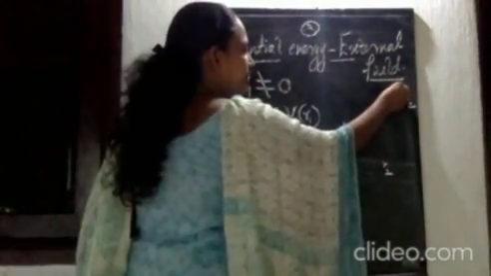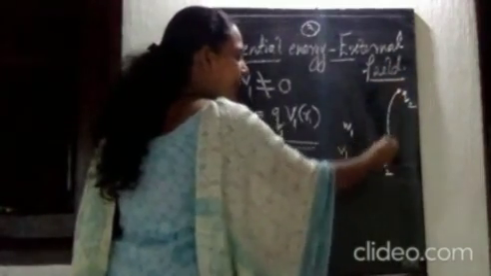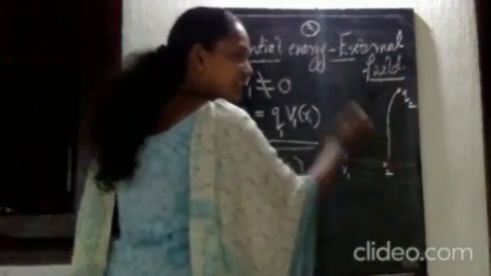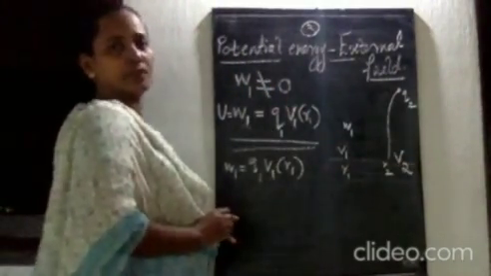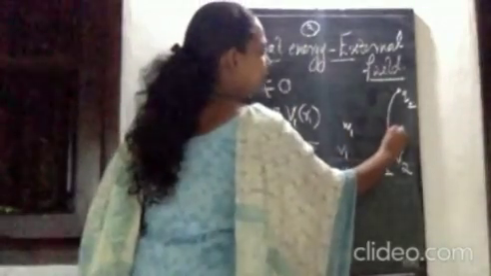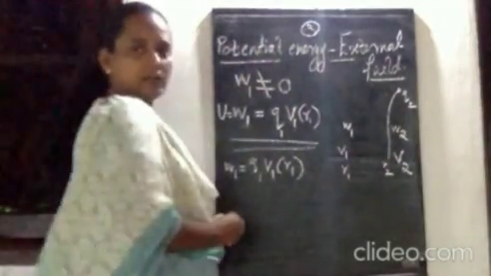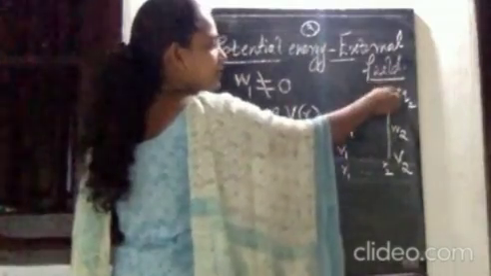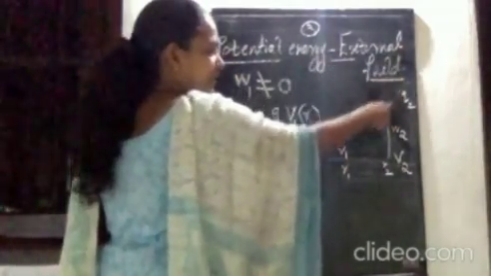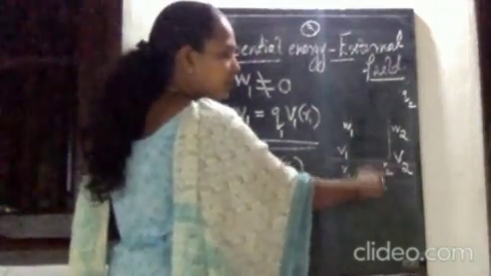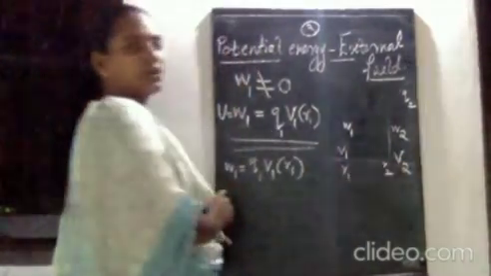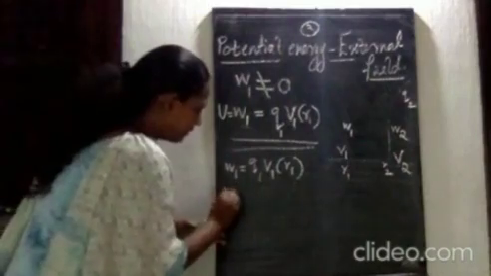Whenever we bring a point charge Q2 from infinity to a given point R2, there is an electric field at that point R2. An electric field means there is a potential at that point, and that potential is V2. So how can you write the expression for the work done? The work done to bring a charge Q2 from infinity to a given point R2 in the presence of an external field, where the potential is V2, you can write as W2.